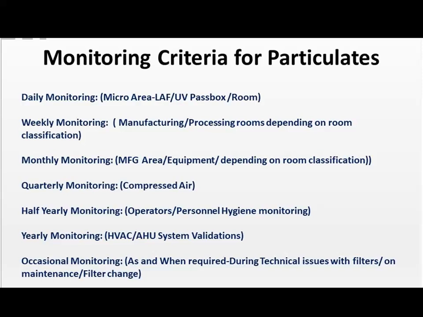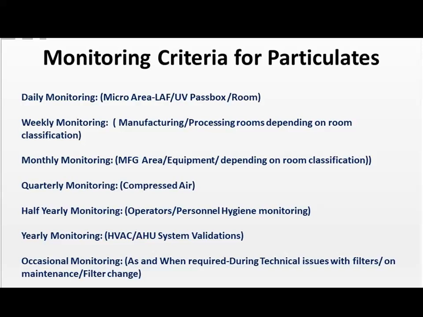If we have a Class 100,000, then we can monitor these rooms on a weekly basis, and make sure that we're hitting those rooms, however many suites we have, on a weekly basis. For our manufacturing areas, again, the finishing areas, depending upon the class, we can do monthly monitoring, but again, that's going to depend on the class and what type of manufacturing equipment that we have.